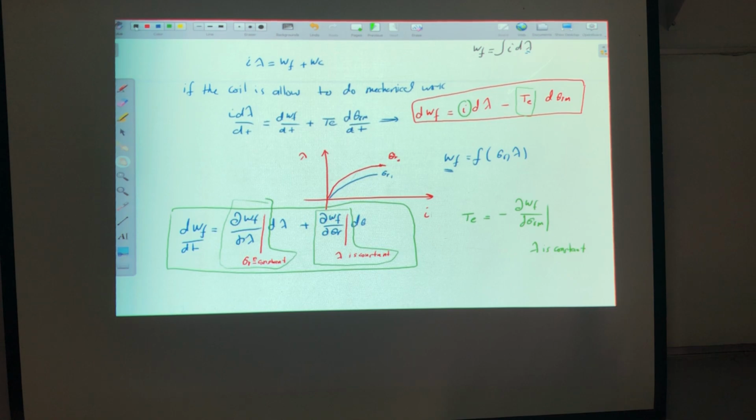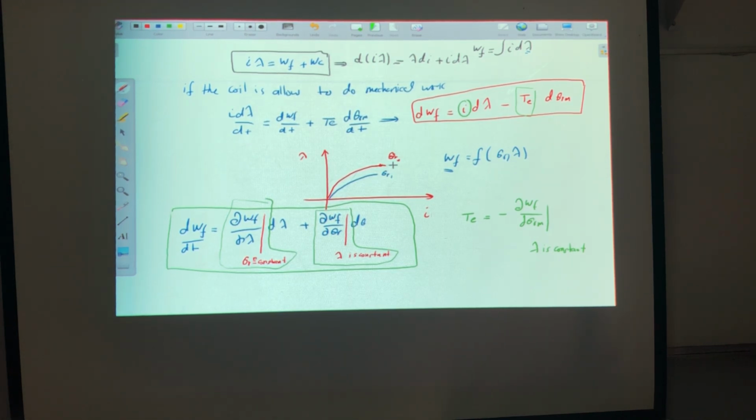And you see this one? If I differentiate this one, if I need to find d lambda i, this will equal to what? It will be lambda di plus i d lambda, correct? The chain rule.